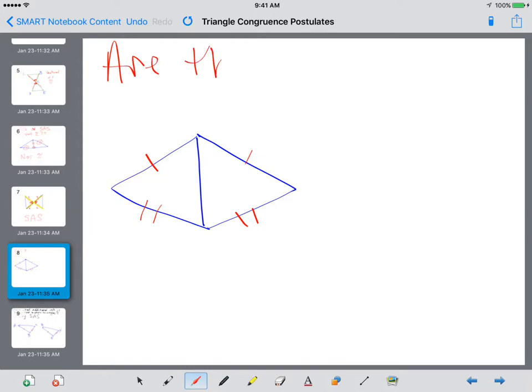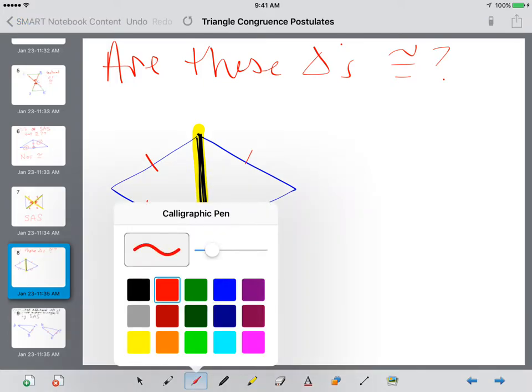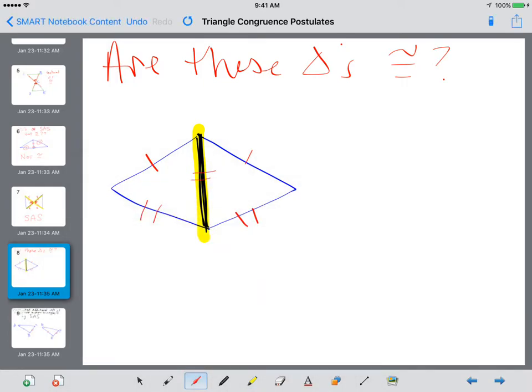So are these triangles congruent? When I look at these two triangles, I notice that they share the same side, highlighting it here. So when they share the same side, we're going to mark it, and I can mark it with 3 because there's already been 1 tick mark.